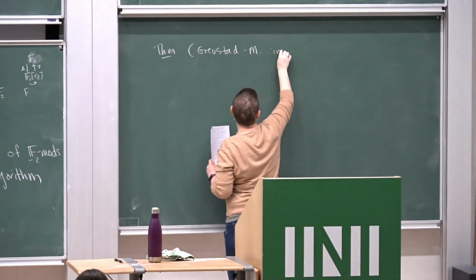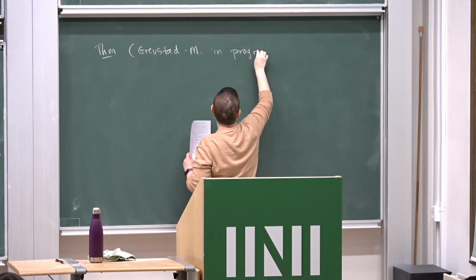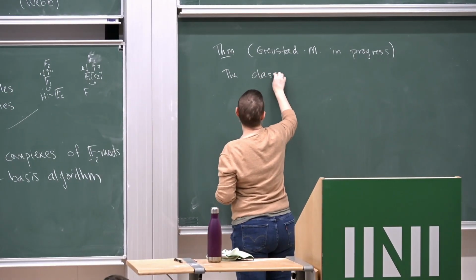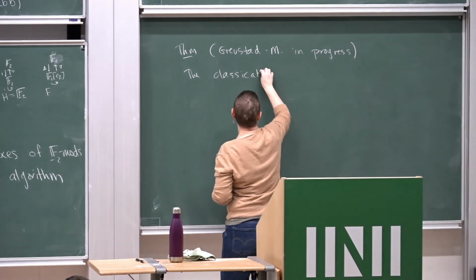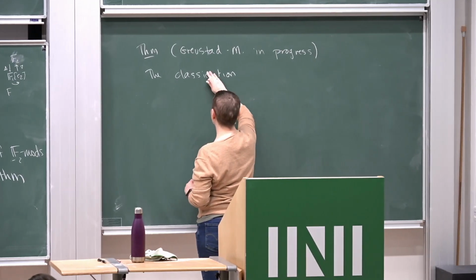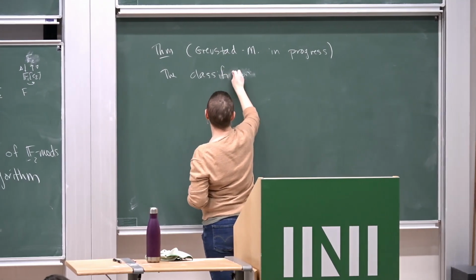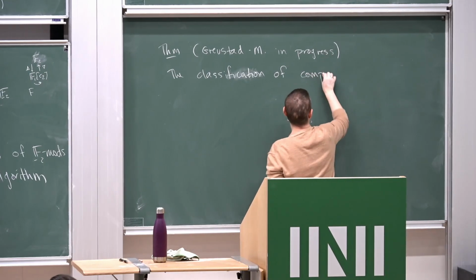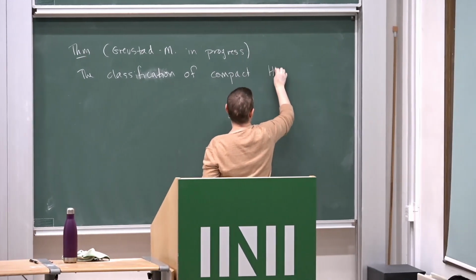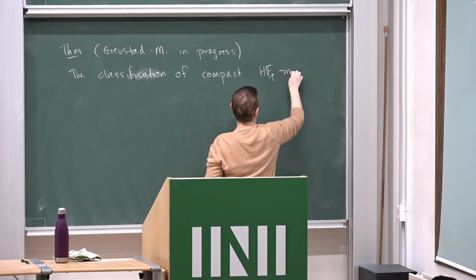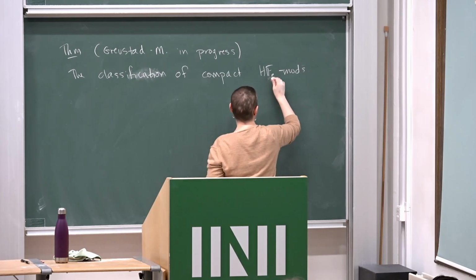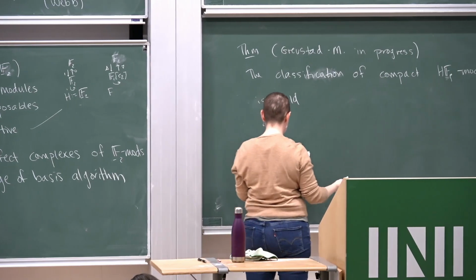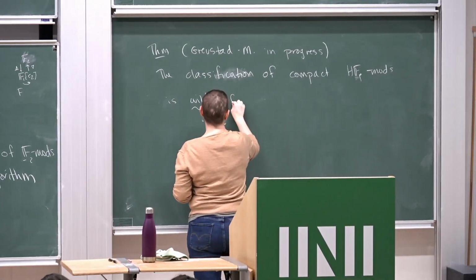So maybe let me not state the full generality right now, but let me say that this derived wild phenomenon will show us that, in fact, the classification of compact H F_p underline modules is wild basically if G is bigger.